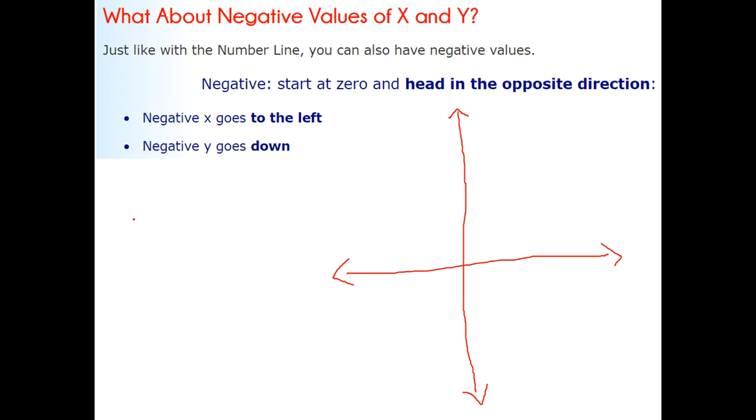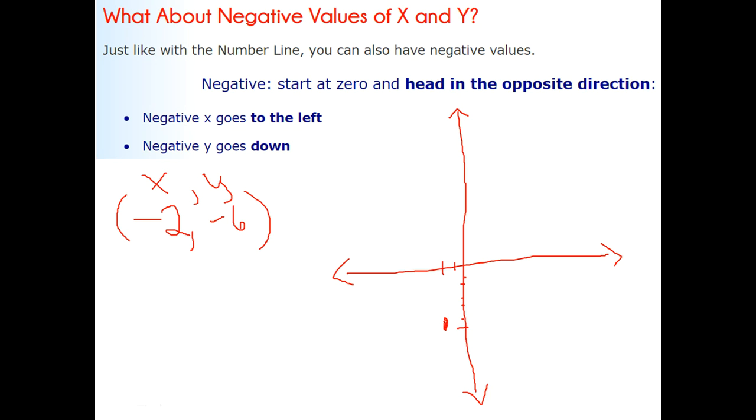And I might give you (-2, -6), and it is written (x, y). So -x goes to the left, so I would go over 2, 1, 2. That's -2. -y goes down. I would go down 6 pieces: 1, 2, 3, 4, 5, 6.